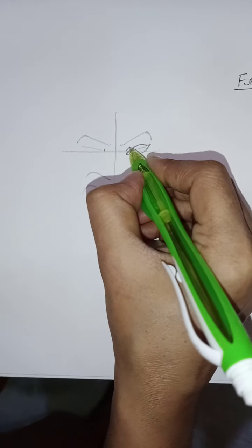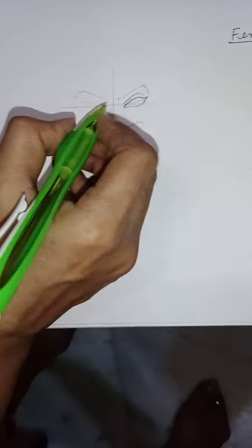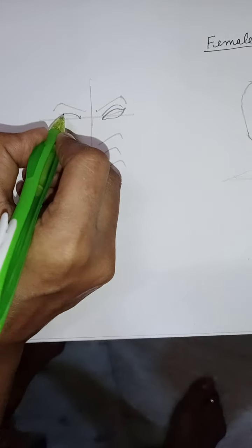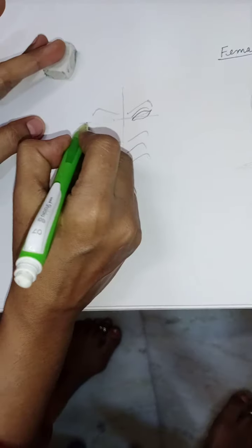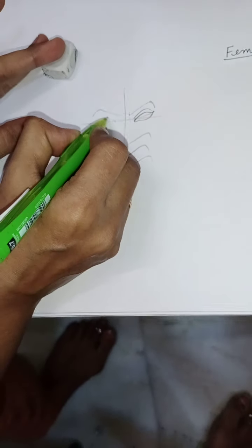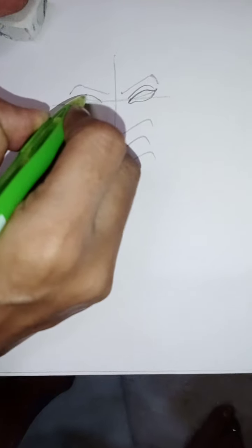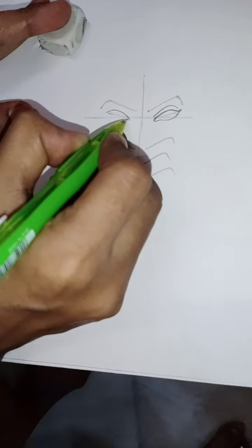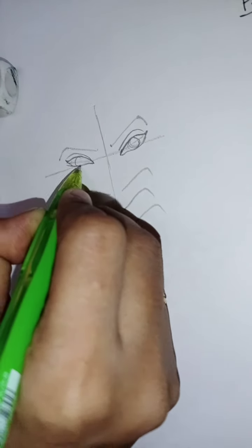And this is my eyelid. Okay, now I am starting it again from here. You should make it close. Okay, now I will draw the eyeballs.